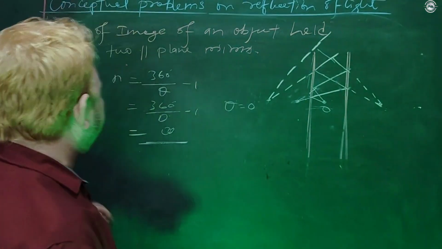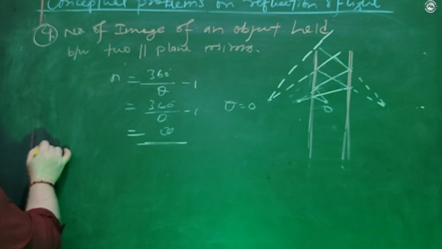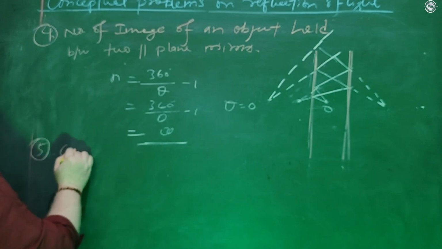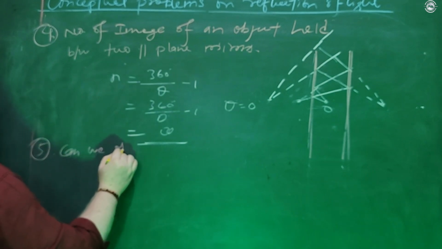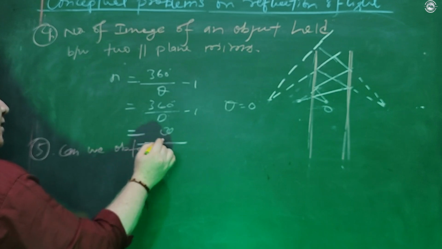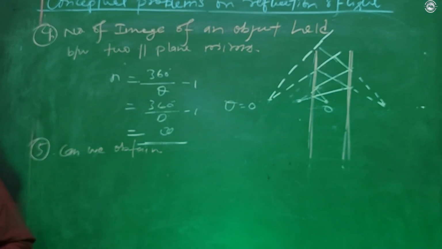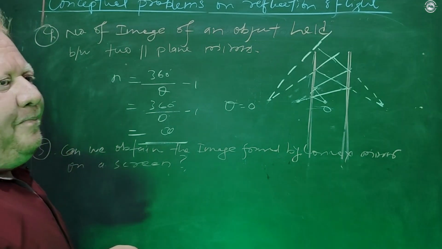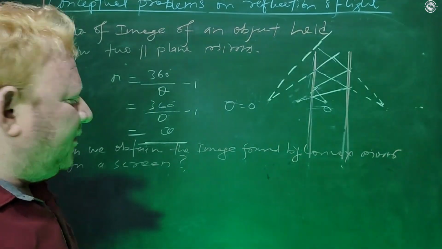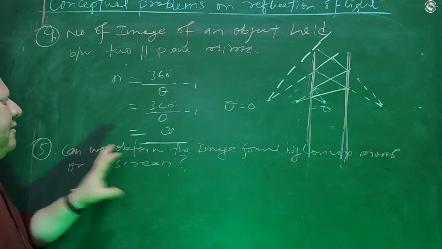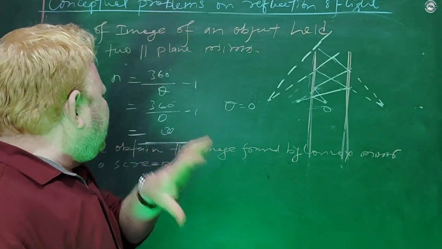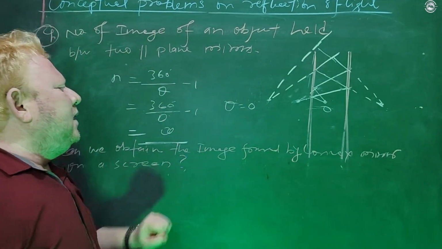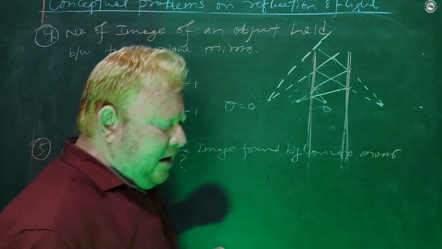Next question लेते हैं. Question number 5. You could be asked: can we obtain the image formed by a convex mirror on a screen?